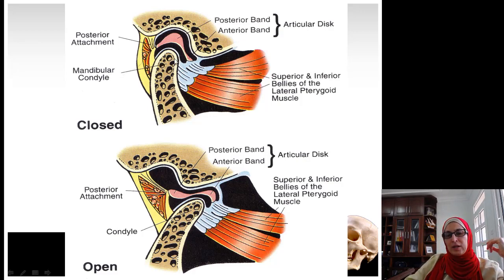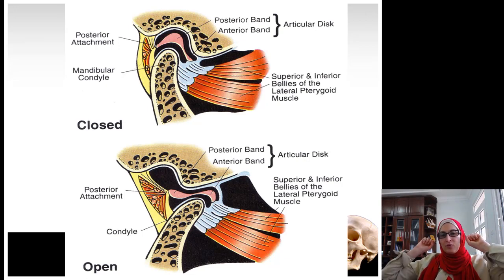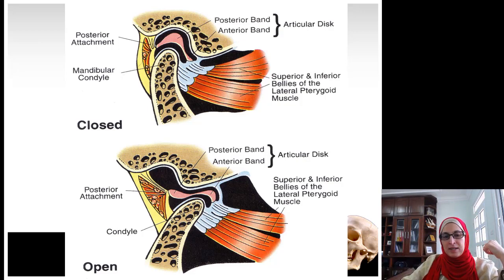So when you open your mouth, the first movement is rotation and then translation, and upon translation you can see that the posterior attachment is stretched forward, and the lateral pterygoid as an opener would also contract, pulling the disc and the condyle together to do the gliding movement.